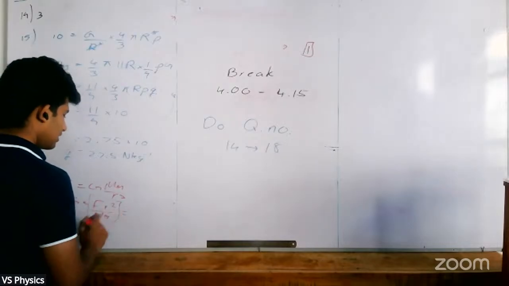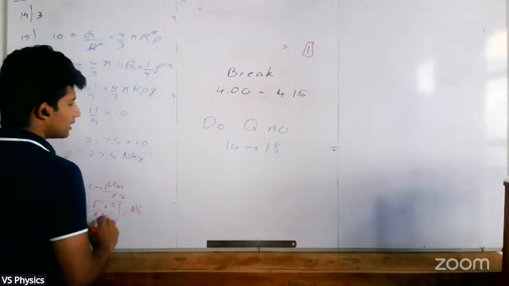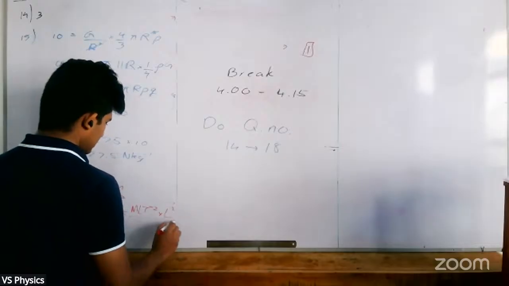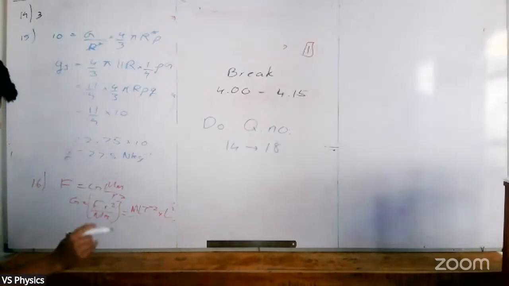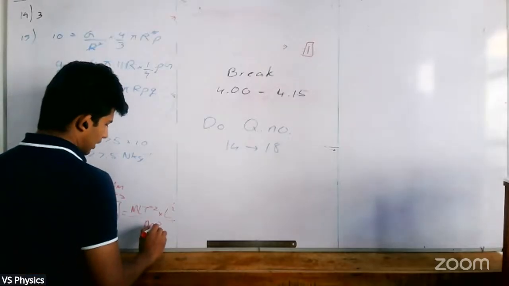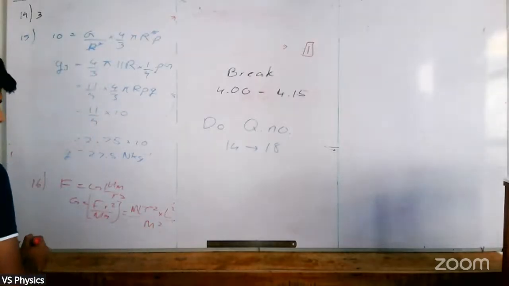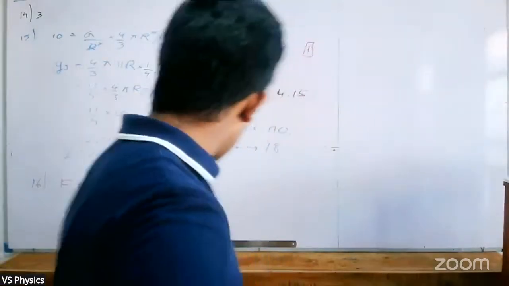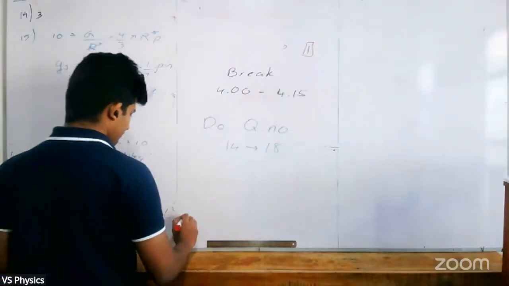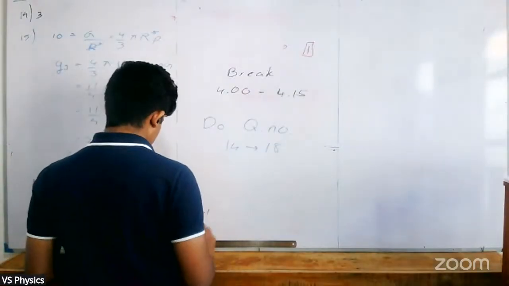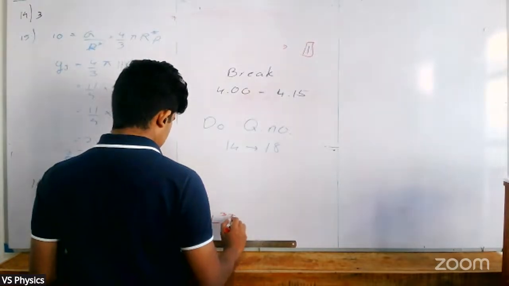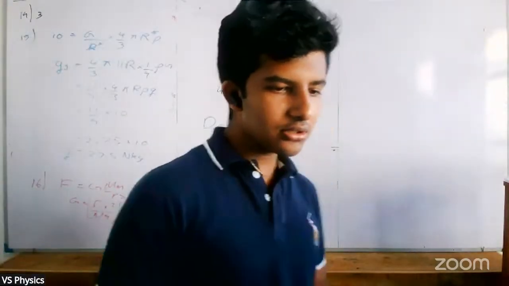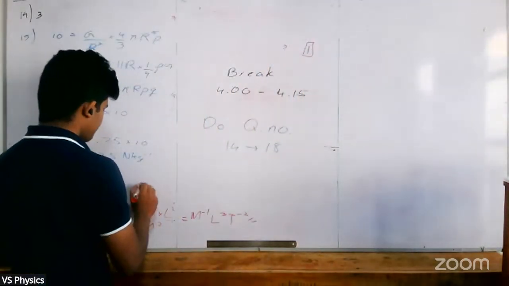Dimension of force is M L T minus 2. Further, this is L square, and this is M square. So the final answer is M minus 1 L cube T minus 2. So this is the fifth answer.